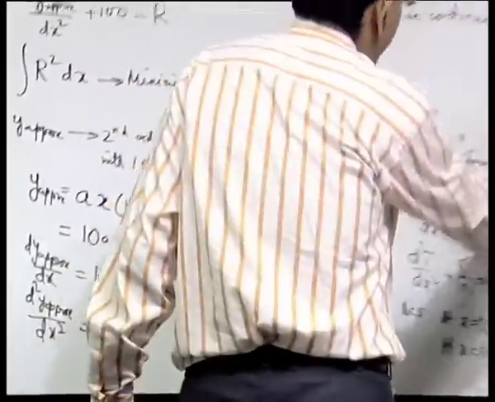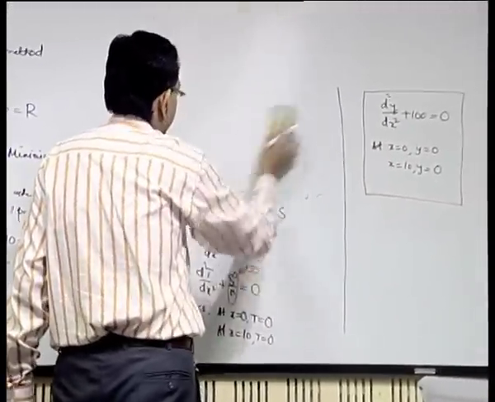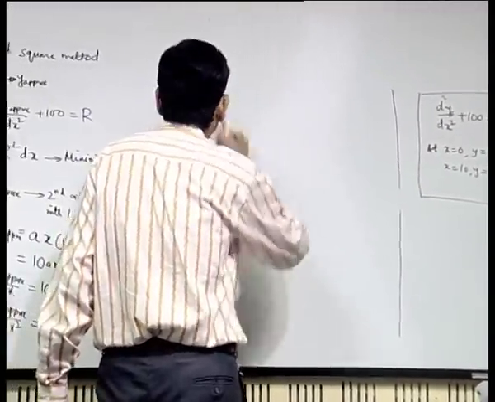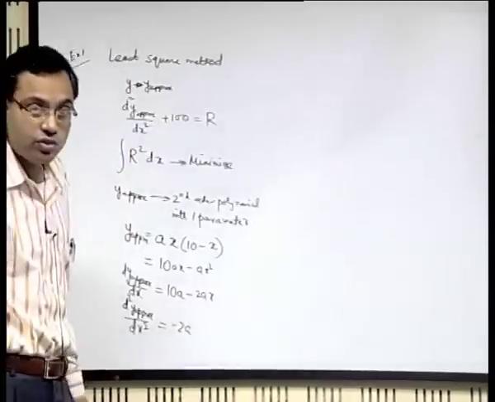So, what will be the value of r? So, r becomes minus 2a plus 100.